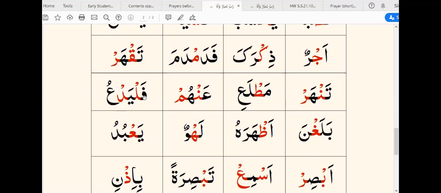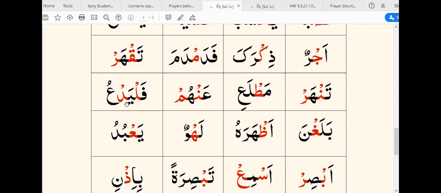And then over here we have letter Lam with the sukoon and then letter Dal with the sukoon. So we're going to join letter Fa that has a fatha with letter Lam, and then letter Ya that has a fatha with letter Dal. Fal. Yad.